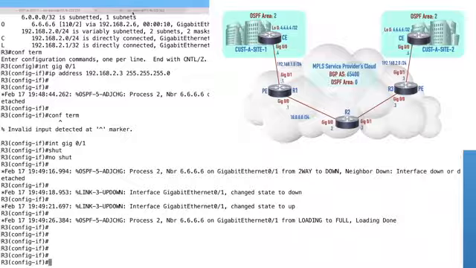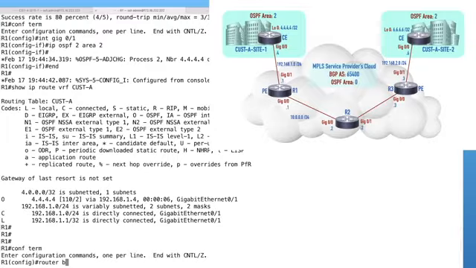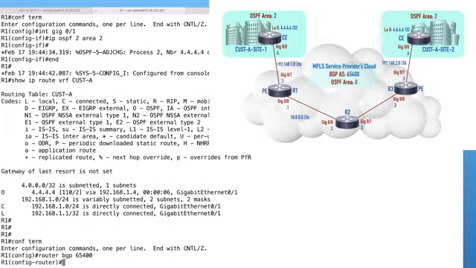So let's do this. Let's go back to R1. Router BGP 65400.